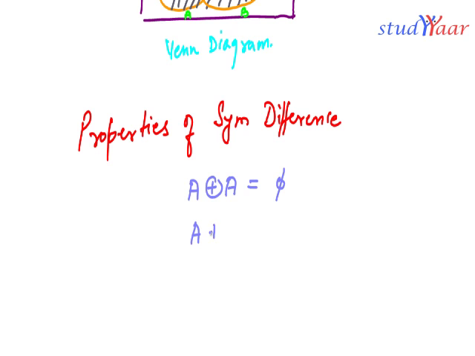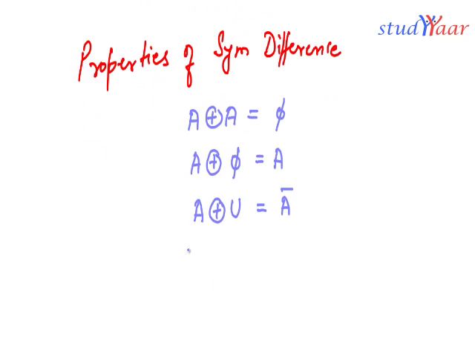Symmetric difference of A with a null set is equal to A. Symmetric difference of A with a universal set is equal to the complement of A. Symmetric difference of A with the complement of A is equal to universal set.